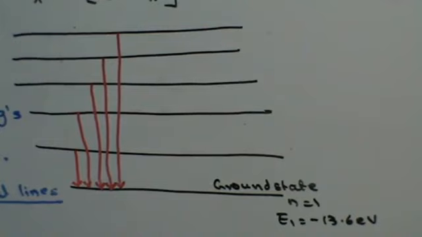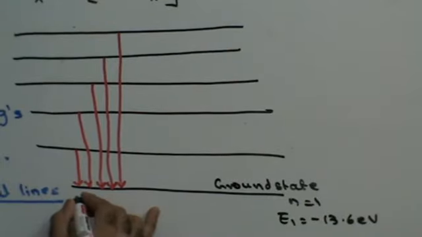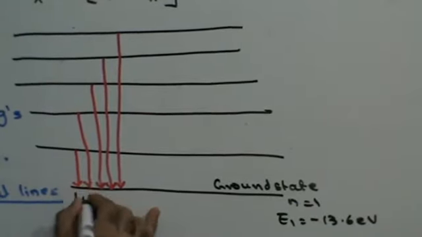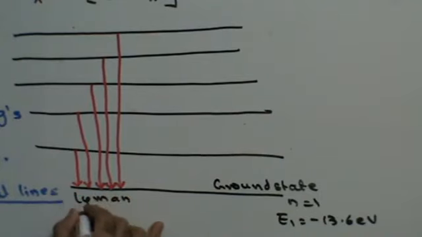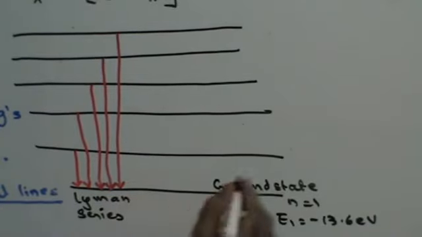Those are the series of spectral lines where the electron jumps from any outer orbit to the innermost orbit. This is my Lyman series, and it is in the UV region.